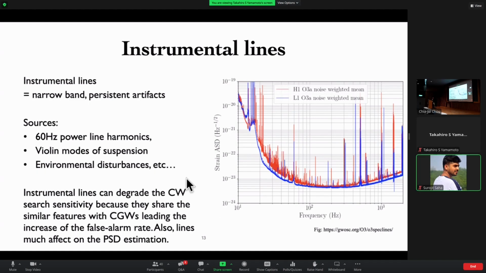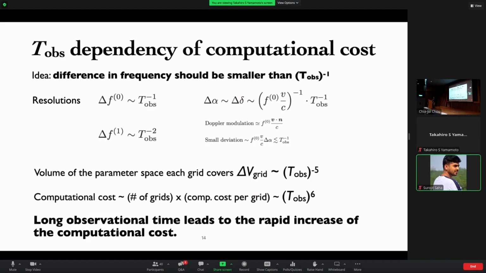In this lecture, I will not go into more detail about the non-Gaussianities. The second difficulty in continuous wave search is the computational cost. Let's briefly look at how large the computational cost is, particularly its dependence on the observational period.